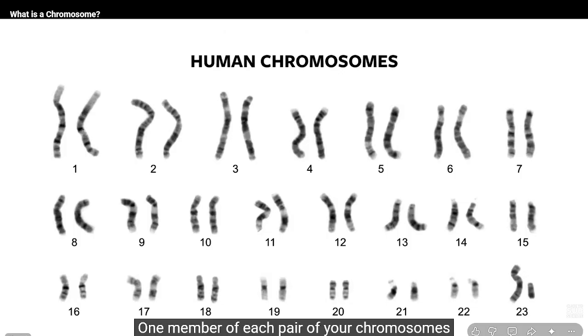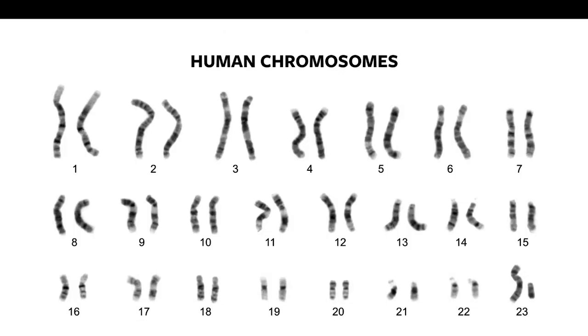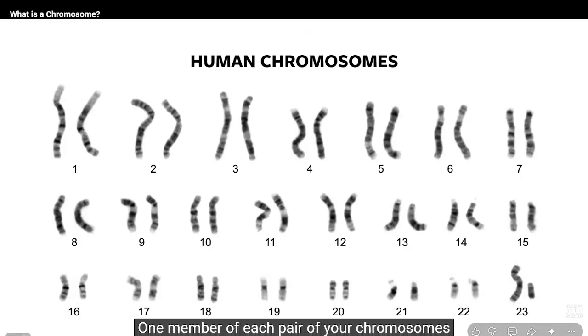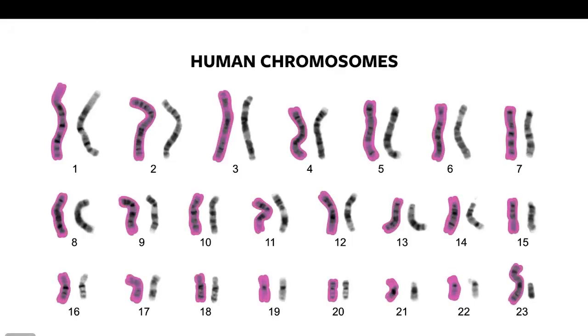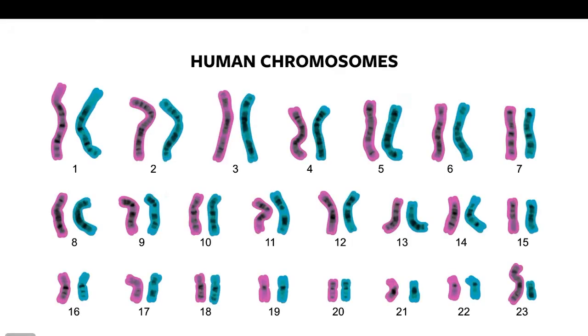One member of each pair of your chromosomes came from who? Mom. Where did the other one come from? Dad. A pair of your chromosomes came from your mother, the other came from your father. Not to gender stereotype and make the mother's ones pink and the dad's ones blue, but apparently that's what we've done.